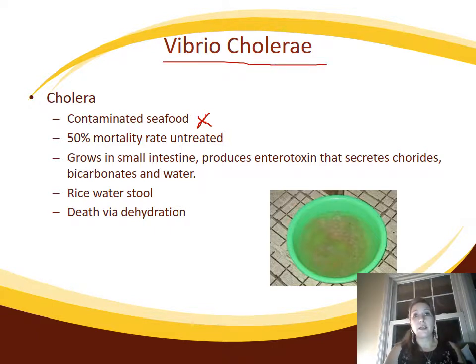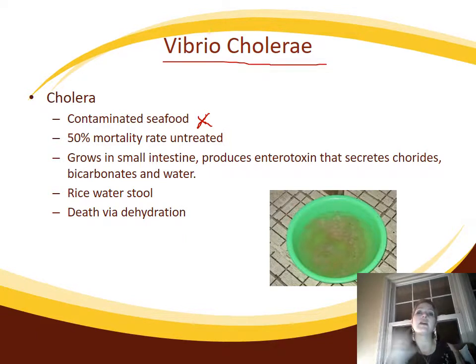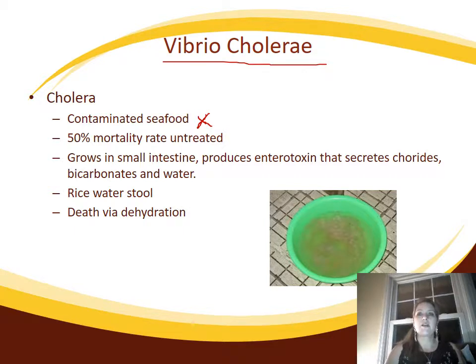If left untreated, it has a 50% mortality rate because it'll grow in the small intestine and produce this enterotoxin that secretes chlorides and bicarbonates into the water, and you end up with what is called rice water stool, where you have some stool in there, but most of it is the water being expelled from your body. And death ultimately results from dehydration, not necessarily the contamination of the toxin itself.